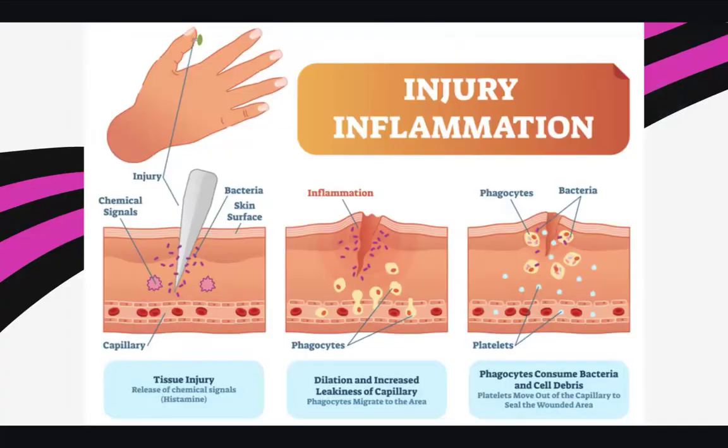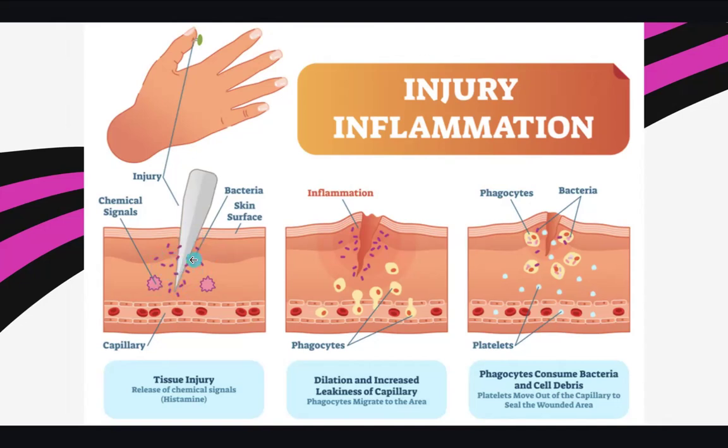Now, if there is an injury in the body, so for example, you got wounded, the inflammatory response happens like this. So in the inflammatory response, kasi na-puncture yung, let's say for example, up to the dermis layer of the skin.